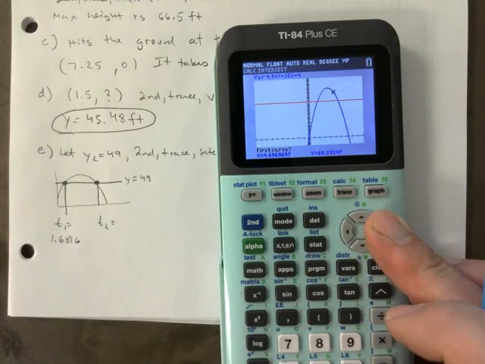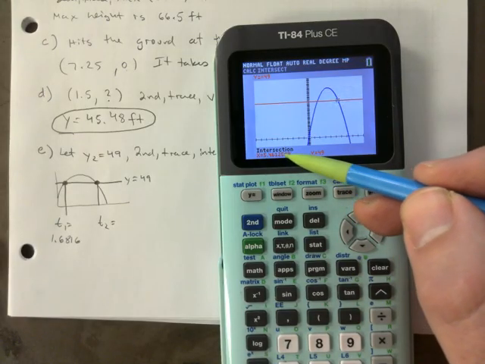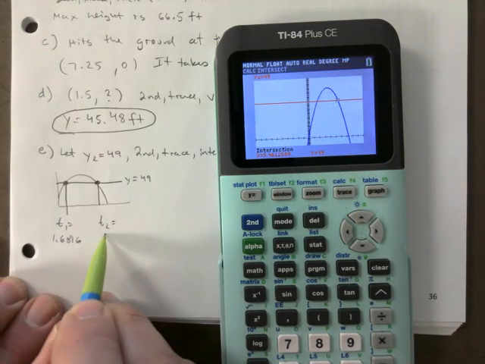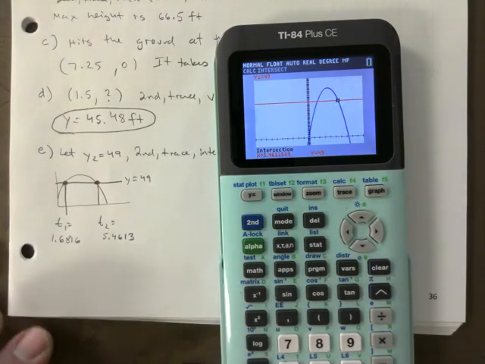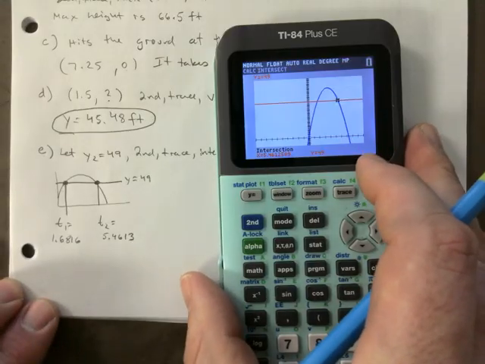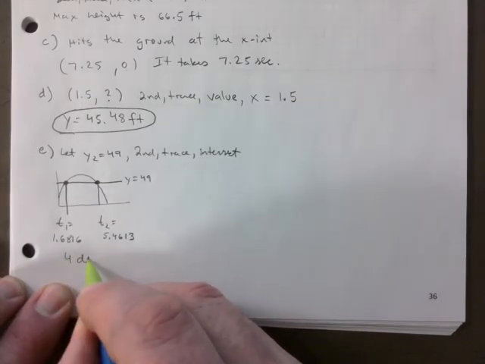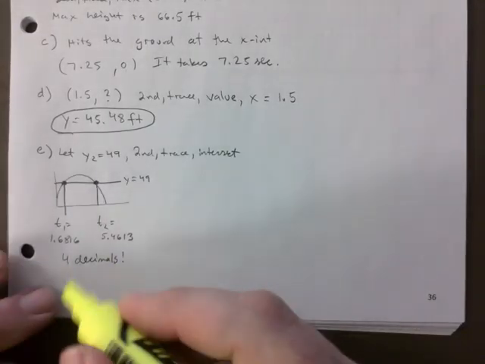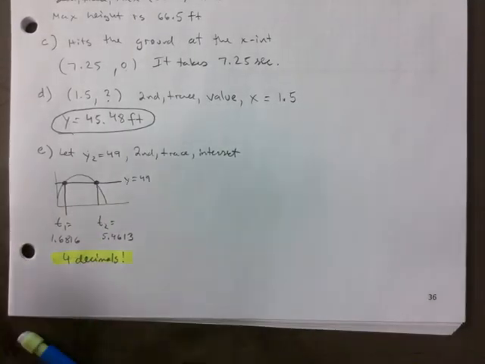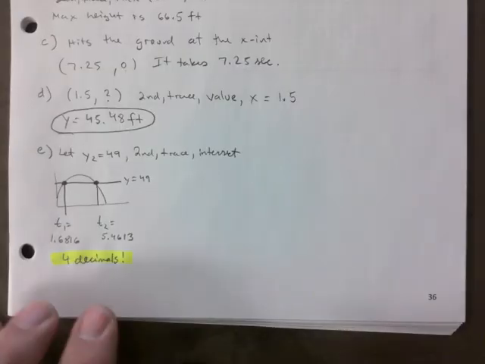Travel over to the other side. Enter, enter, enter. That's 5.4613. So 4 decimals, okay? If you want full marks, it's usually a 2-mark question, okay?